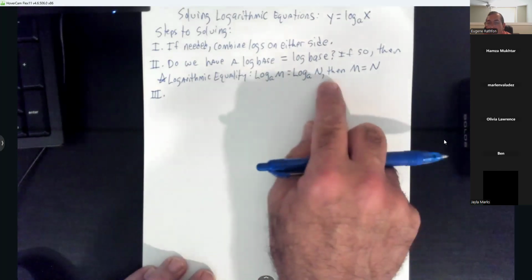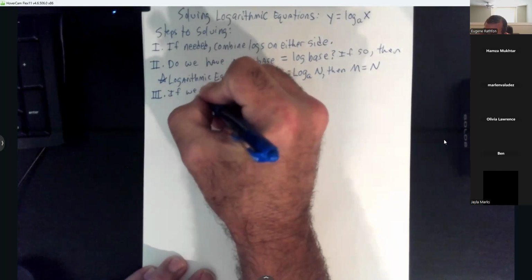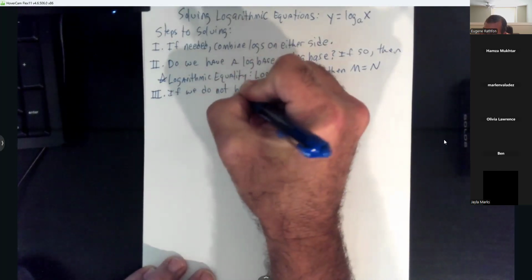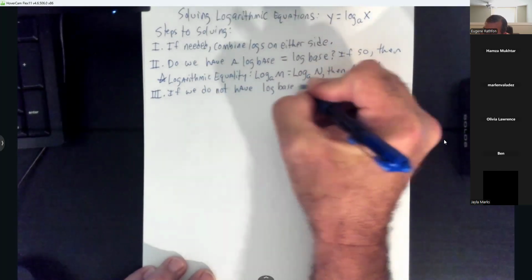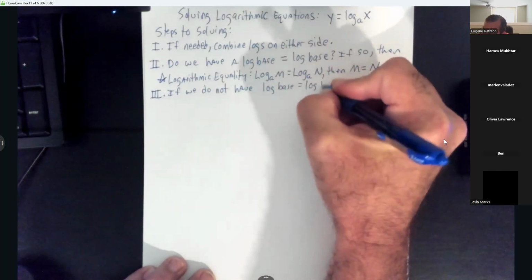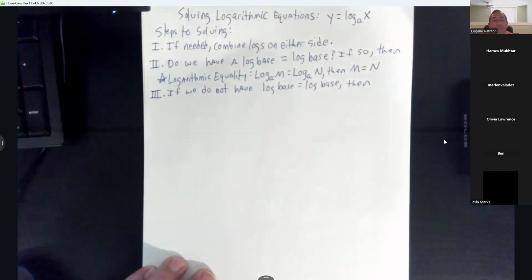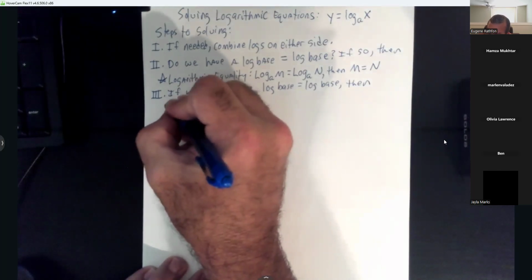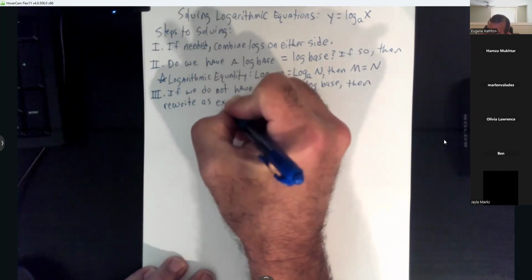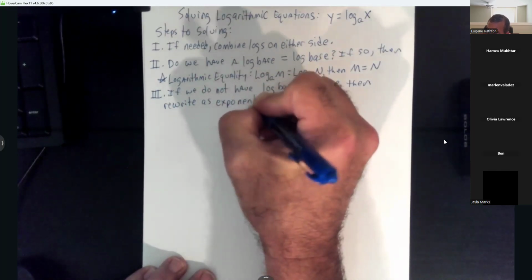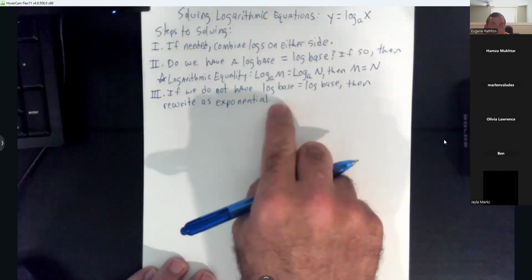If we do not have a log base equal to a log base, then rewrite as exponential. And y'all, we've done that the other day.